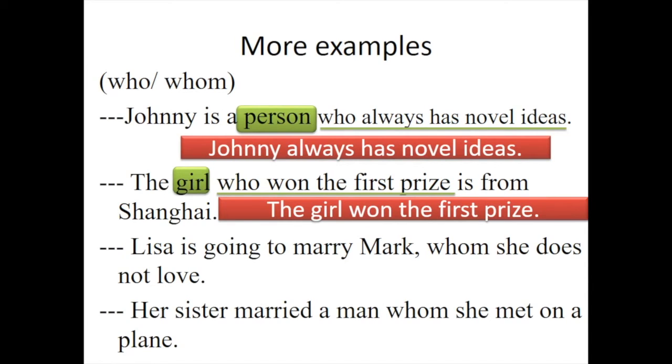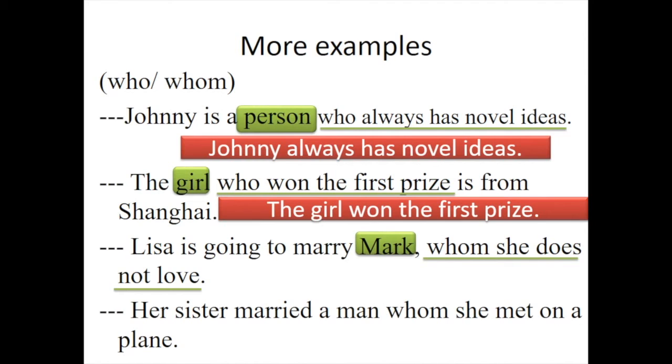Number 3: Lisa is going to marry Mark, comma, whom she does not love. Here, the words whom she does not love are used to describe Mark. And because Mark is the name of a person, we have a comma here.